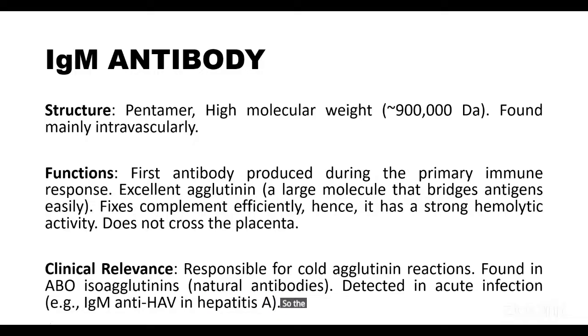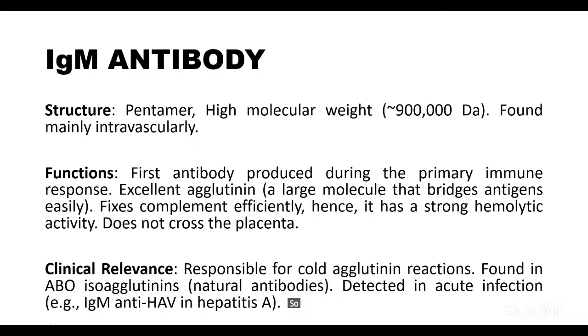The function is that it is the first antibody produced during the primary immune response. It is an excellent agglutinin because of its large nature, so it can cause agglutination very fast, and it fixes complement among the rest.